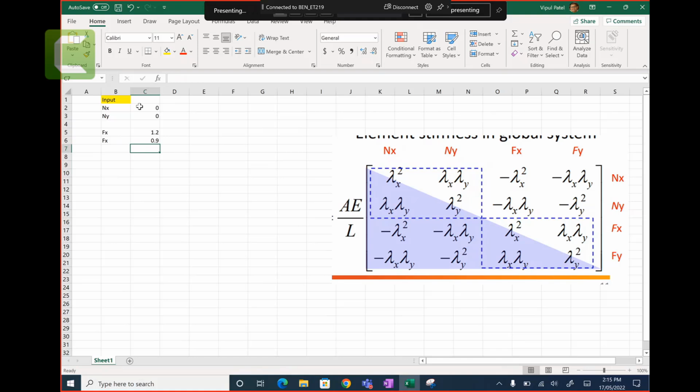You know how to get this, right? From your member, you can put near node Y, far node Y. These are all the inputs that the Excel will require for you. And then we will have the length of the members. Length of the member is 1.5. Right?